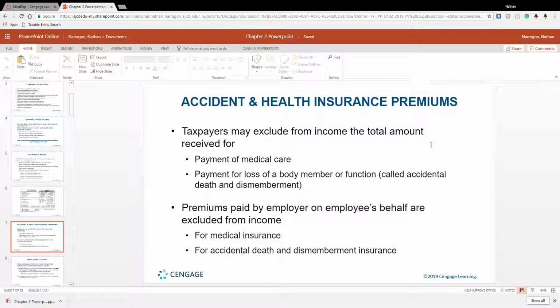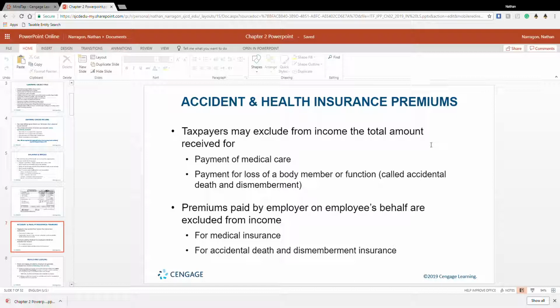Accident and health insurance premiums. Taxpayers can exclude any income from the total amount received for payment of medical care and payment for loss of a body member or function. Mostly both of these pop up into Schedule A.